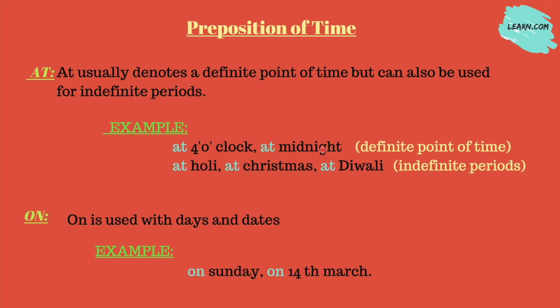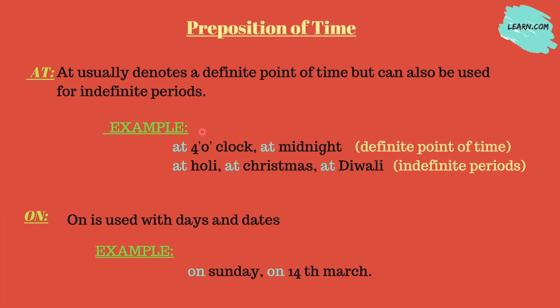But when the time is not fixed, but the duration is known, that is an indefinite period, when we talk about a particular duration or indefinite periods, then also at is used. Like at Holi, at Christmas, at Diwali. Holi, Christmas and Diwali are not a fixed time, but they carry a particular indefinite period or duration. So here also we use at.